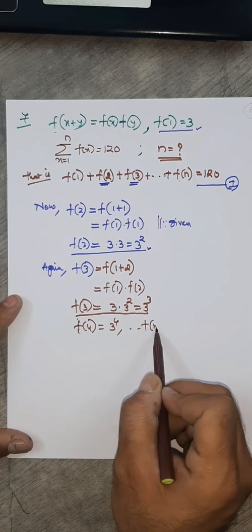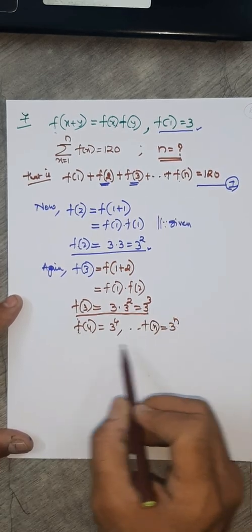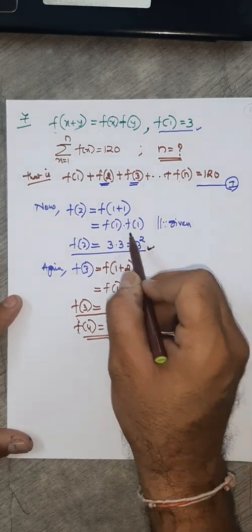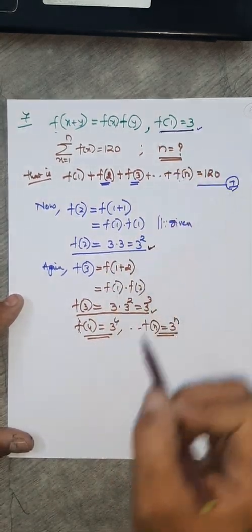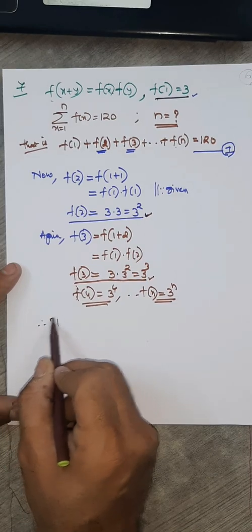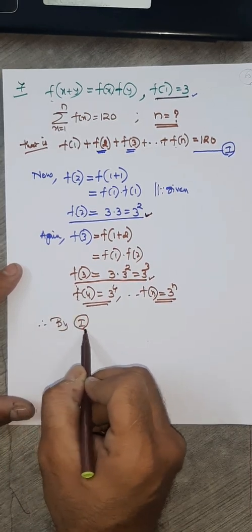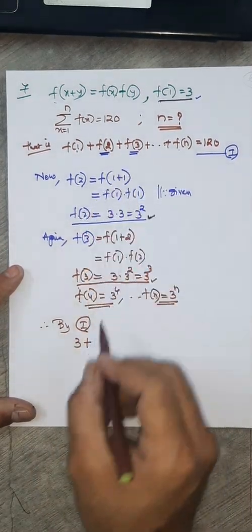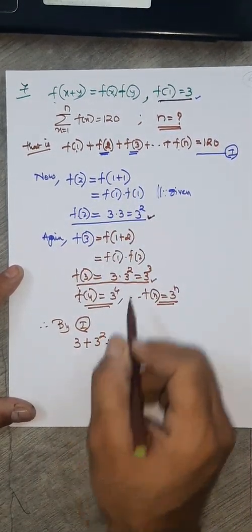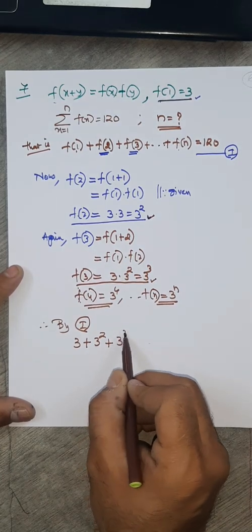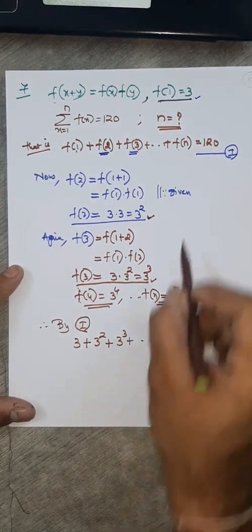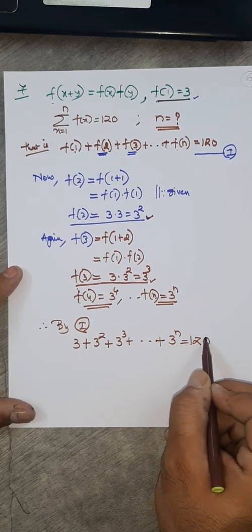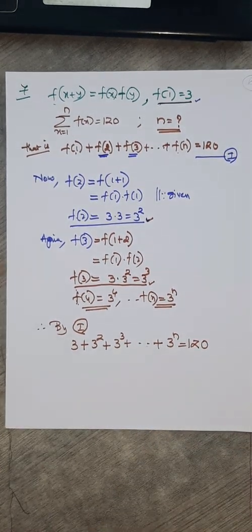What is f of n? It will be 3 raised to n. So we put all these values where? In equation number 1. So I'll write, by 1, f of 1 is given 3, f of 2 is 3 square, f of 3 is 3 cube, and so on. What is f of n? 3 raised to n. That equals how much? 120.